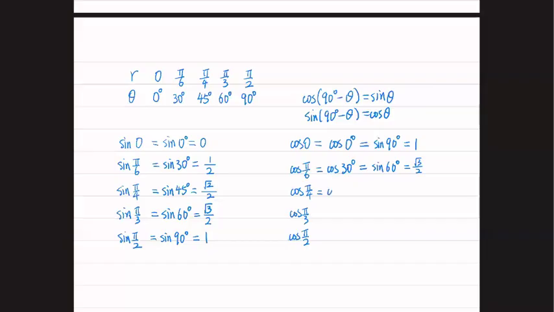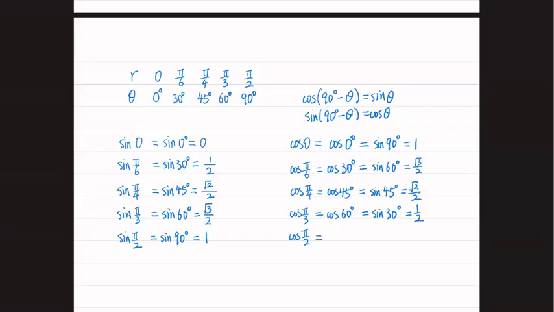Cosine 45, which is sine 45. That's root 2 over 2. Kira, cosine pi over 3. Is cosine 60, which is 1/2. Well, sine of 30.